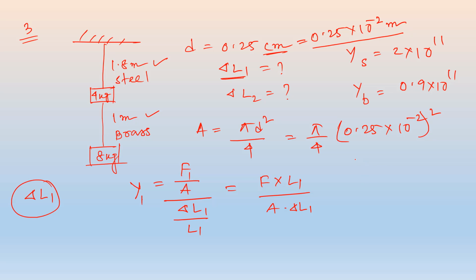Now, if that portion equals Y1, what is the value of delta L1 here? Delta L1 equals F1 multiplied by L1 divided by A multiplied by Y1. That kind of expression we will get for delta L1.